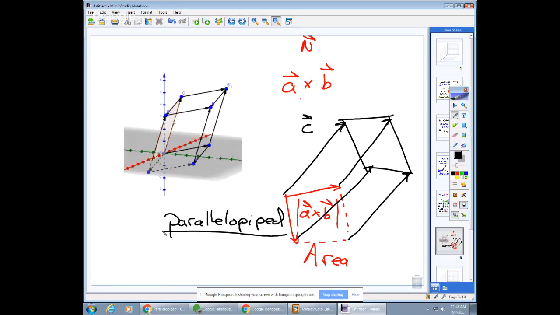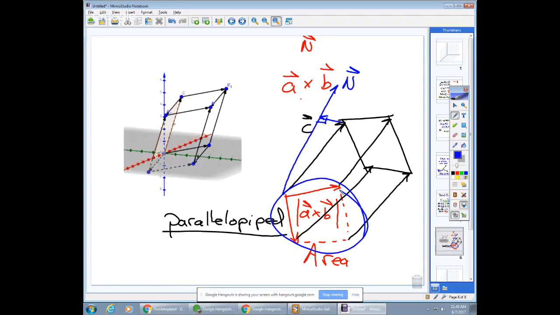And then the cool thing is, if you think about the normal vector, maybe the normal vector to my plane is this right here. So maybe that's n, my normal vector. If I dot the normal vector with my vector C here, what I'm going to get is a projection onto C, right? The dot product helps us get that projection, which basically gives me the height of my parallelepiped if that is the base.